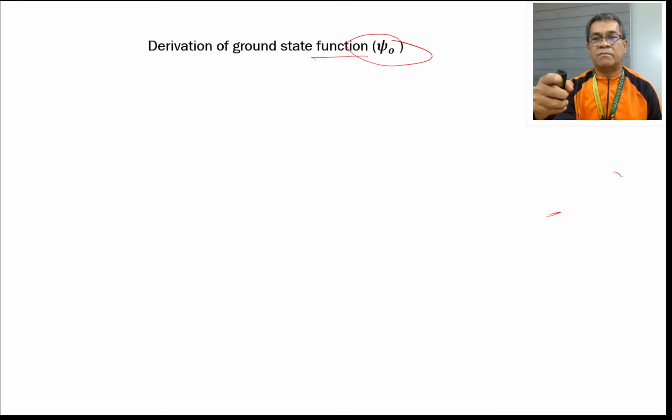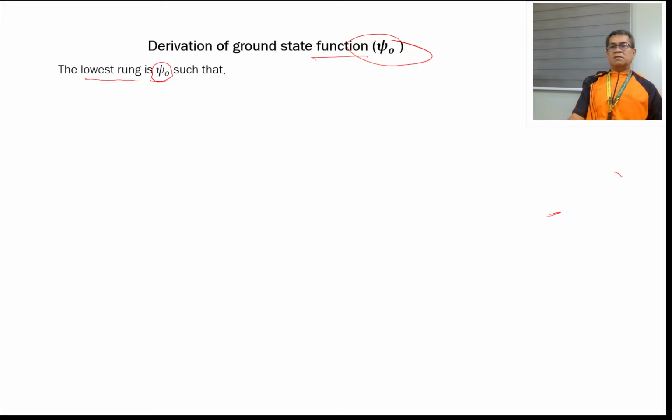So how will we derive the ground state of the harmonic oscillator? We can use the lowering operator. Take note that the ground state occupies the lowest rung, the bottom. There is no other rung below the lowest.